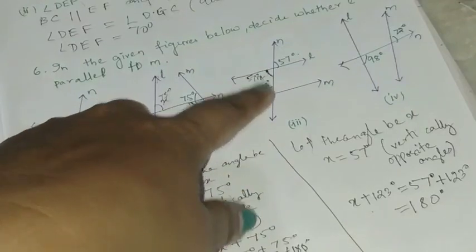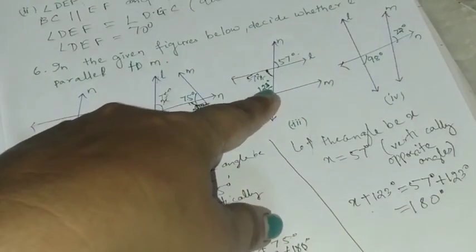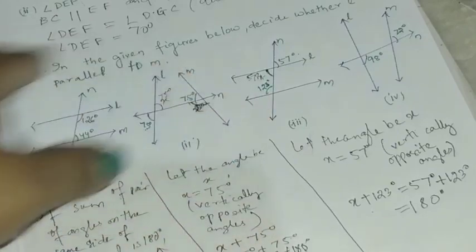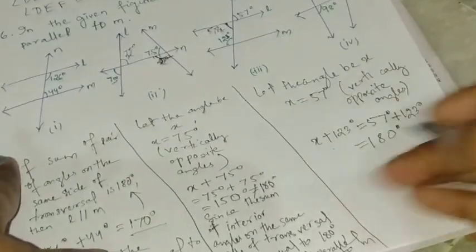So we have found that the sum of this pair of angles is 180 degrees.